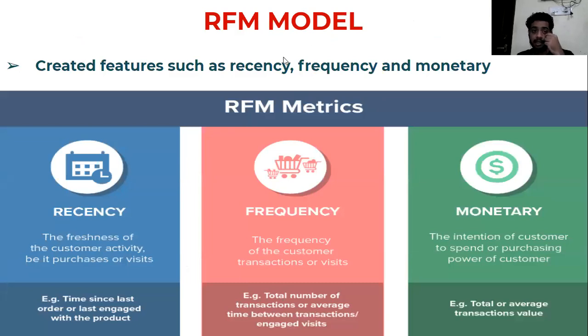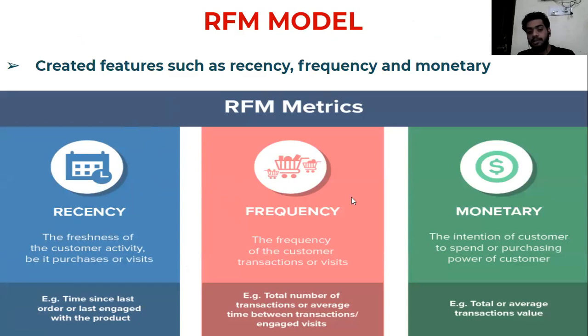Next is our RFM model. In the RFM model, basically we create features such as recency, frequency and monetary. It is based on customer loyalty and customer value programming. Recency is the freshness of the customer activity, be it purchases or visits, for example the time since last order or last engagement with the product.